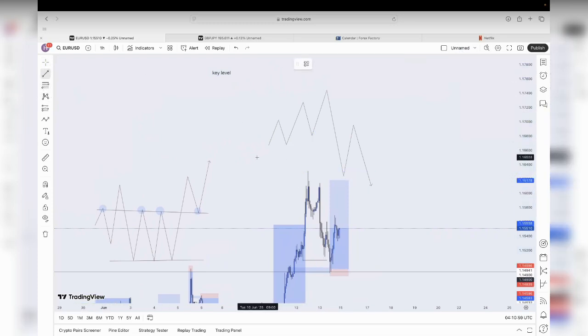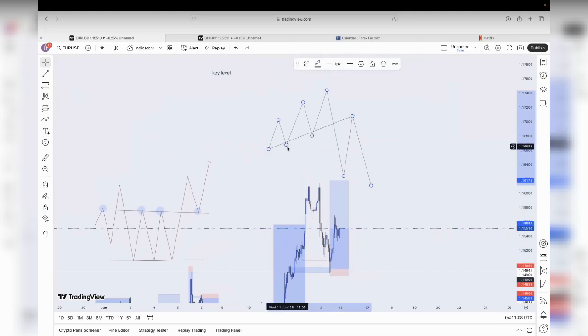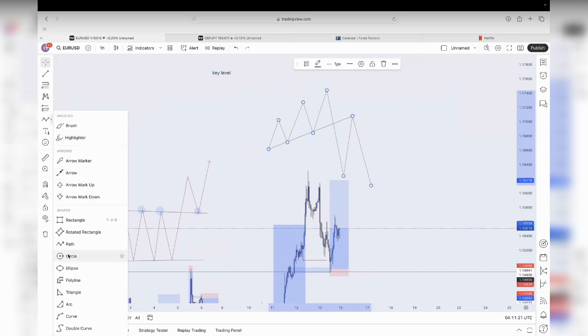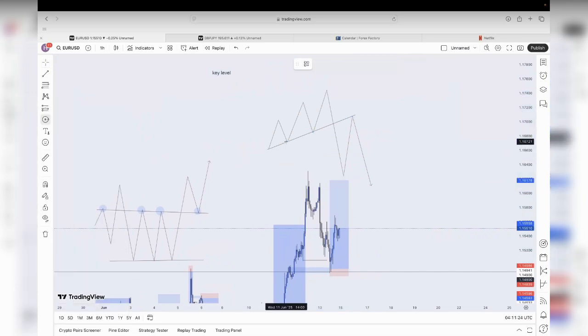So this area, I would say this area is a psychological level. Why? Because the market bought from here, it bought from here, it bought from here, then broke, came back here, and then sold from there. So this area is what I call my psychological level, which is the key level. This area is what I call my psych level.